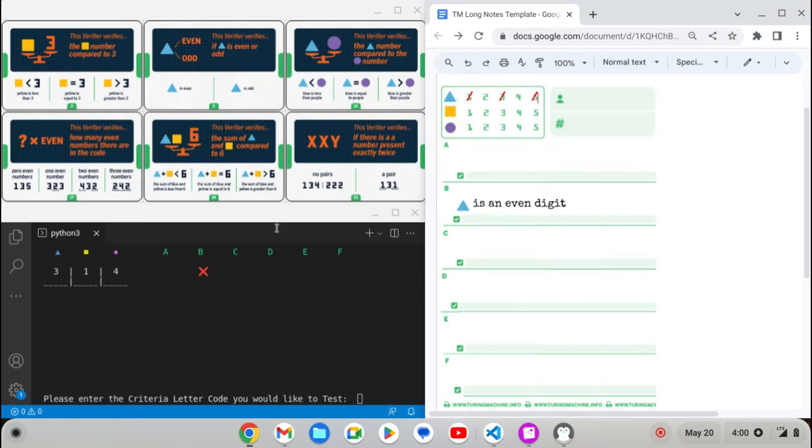Next I will test and find out if there is a pair of digits in our final solution. That's criteria card F. Okay, so the Turing machine approves. Now notice that in my proposal I used 314. There is no pair, right? So it's basically saying, yes, I approve that there's no pair. So it could potentially be all different or all the same.